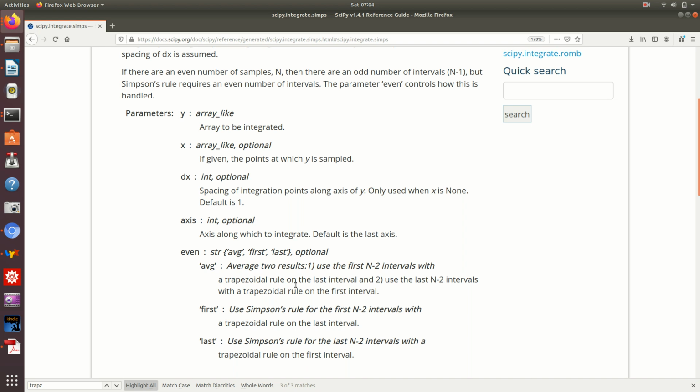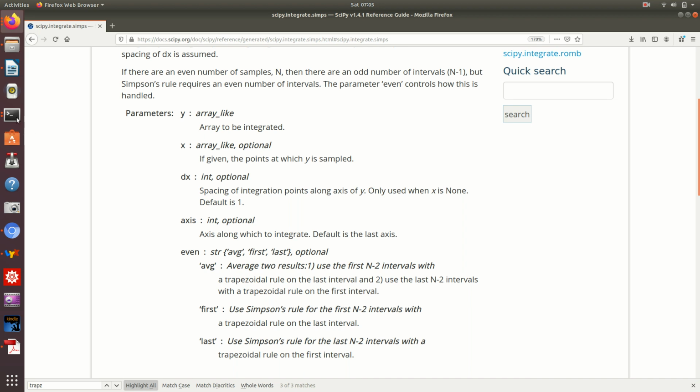The default value is average, which essentially means Simps calculates the integral twice, once with the first n-1 intervals, in this case 98, and again with the last n-1 intervals, that is 98 again, and averages the two results and returns it to me. So this is how Simps by default handles an odd number of intervals. It calculates for the first n-1, the last n-1, and then averages and returns the value to you.